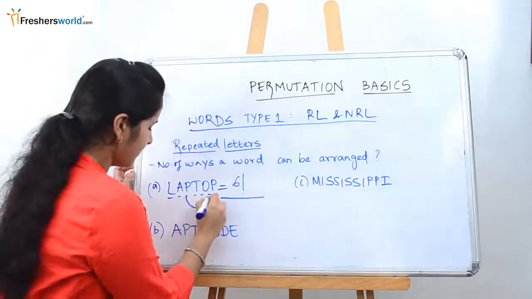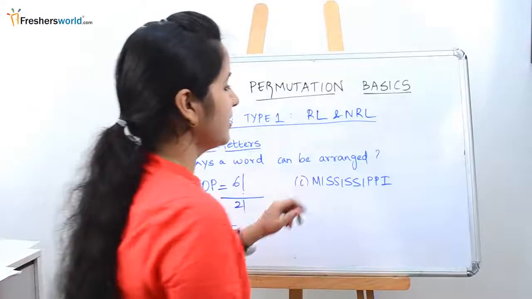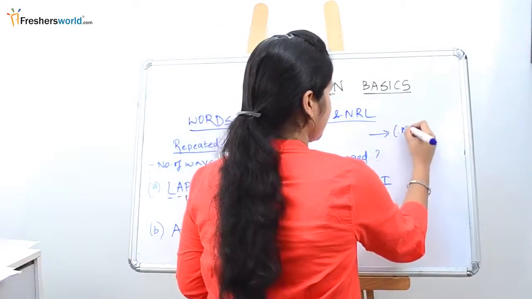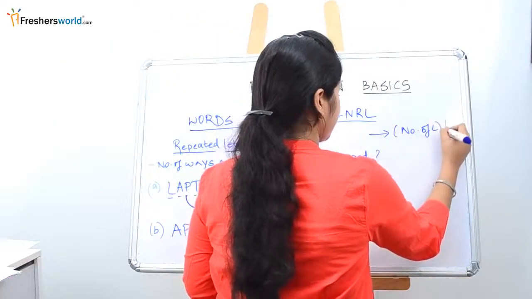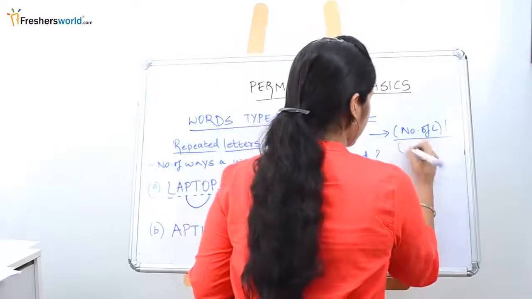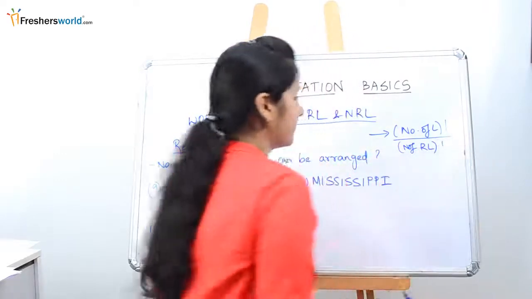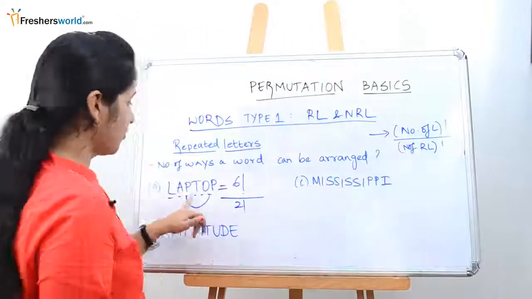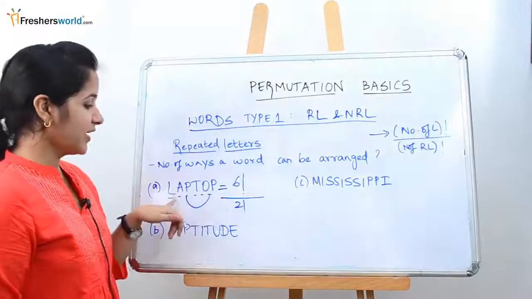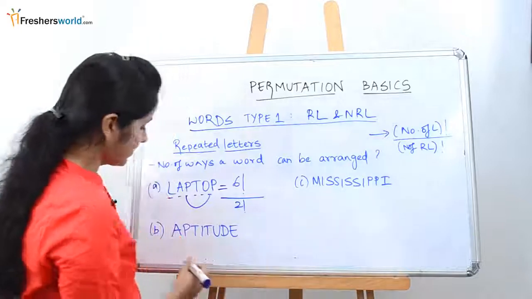P is repeated here twice. So, 2 factorial. Remember it this way: number of letters factorial, which is the same as for non-repeated letters, divided by number of repeated letters factorial. Always remember this. Once you solve it, you will get the answer for the number of ways the word laptop can be arranged.